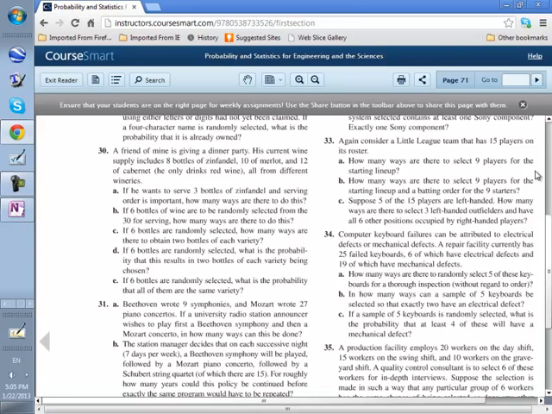Order is important. So here we have what? An ordered selection. It's a permutation. What else do we need for the permutation? Replacement. So do we pick them with replacement or not? We pick those bottles without replacement.